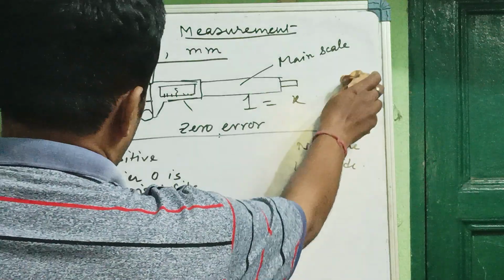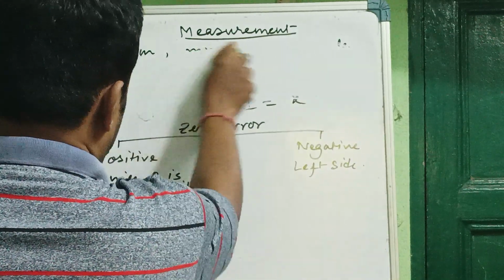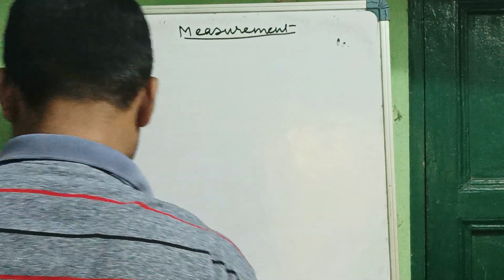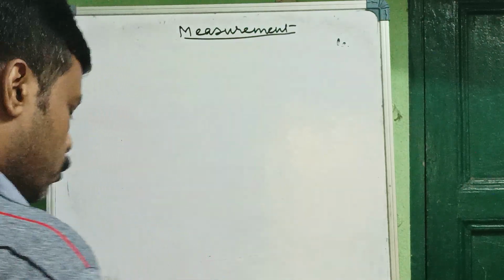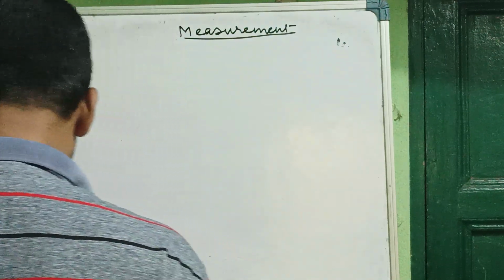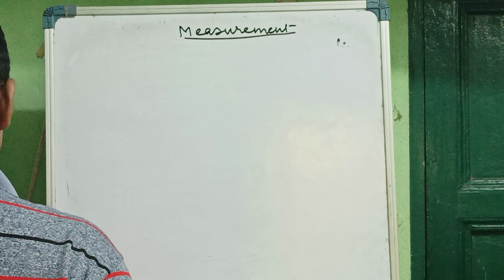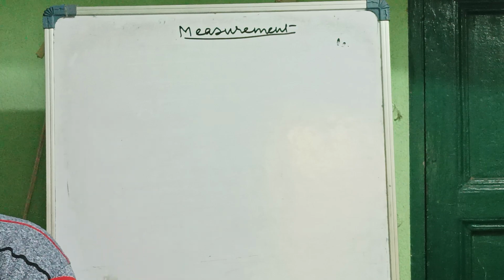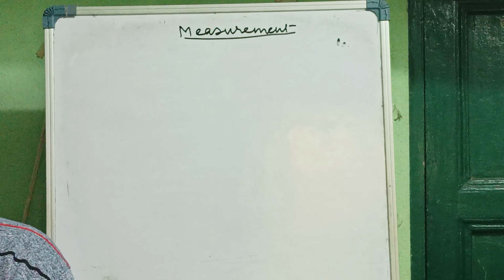So that covers the Vernier calipers. The screw gauge is also an instrument, a precision measuring tool used to measure the diameter of thin wires.